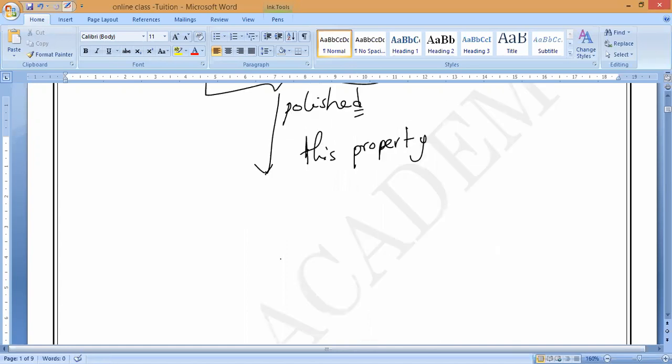Because metals have this shining surface, that is why we call it metallic luster. Also in our Hindi, our Indian language, we can say chamak. Understand? Chimki you may have heard.